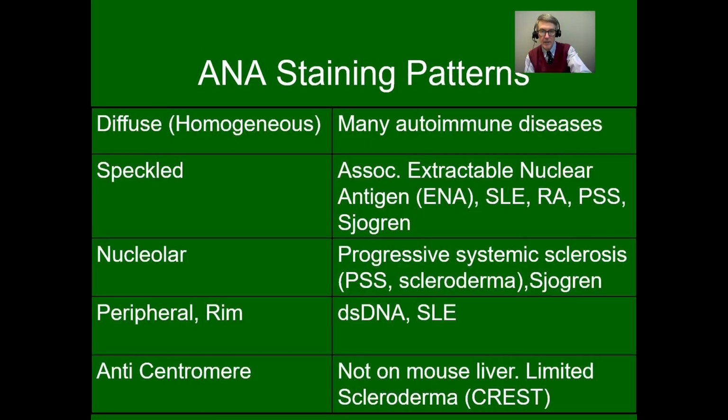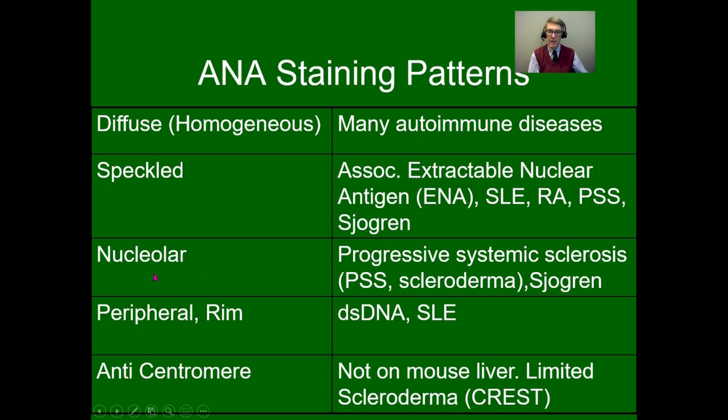Now, the different patterns can be associated with other antibodies, and specifically we talk about diffuse. That can be associated with many of the autoimmune diseases, whereas a speckled pattern is associated with what we call extractable nuclear antigens, ENAs. These are things like the Sjogren's antibodies and stuff like that, and can be associated with things like lupus, rheumatoid, Sjogren's disease.